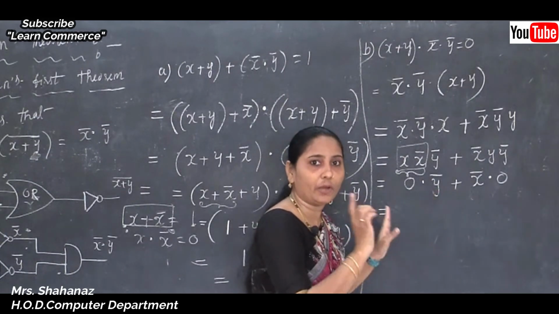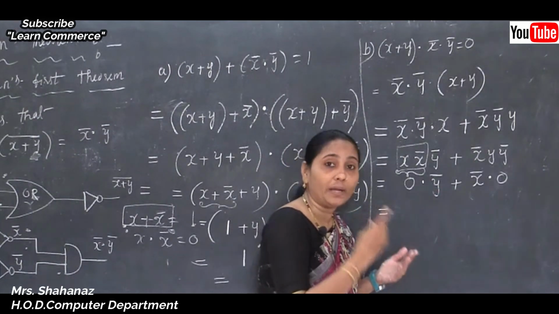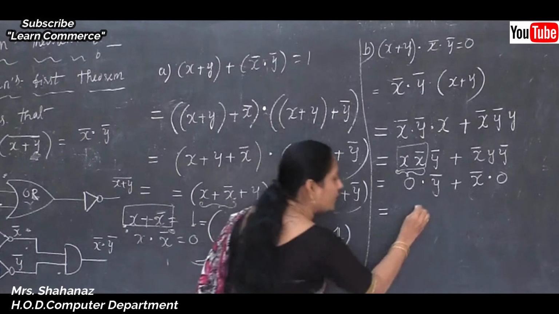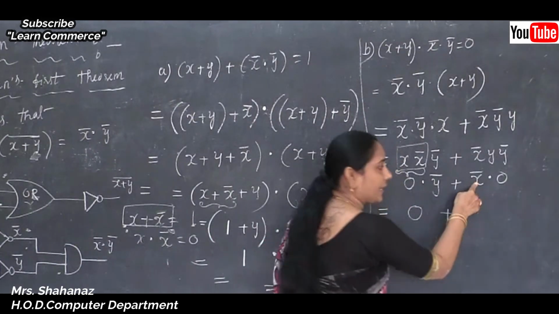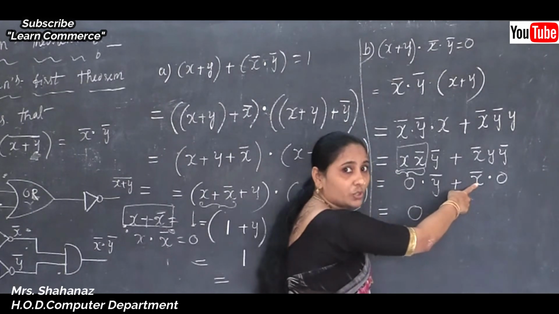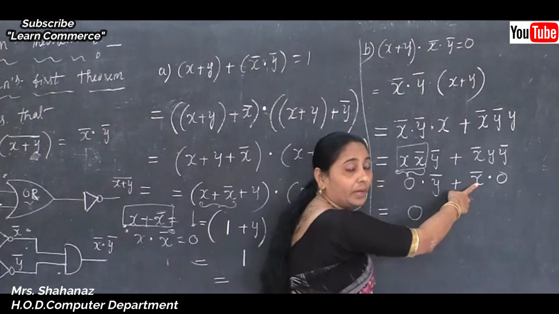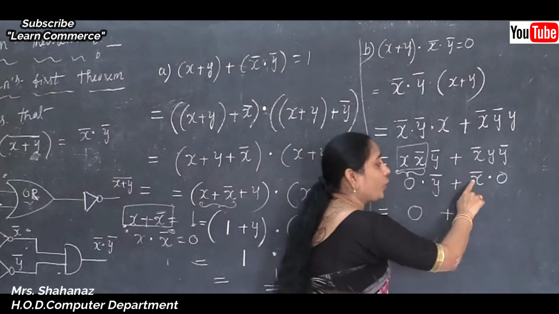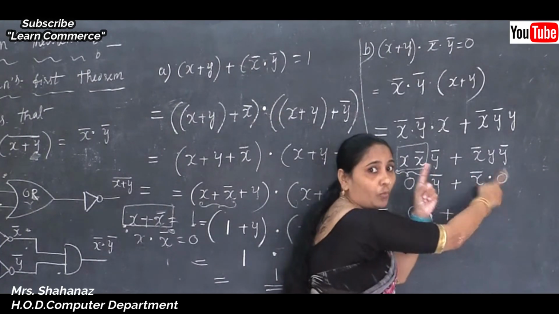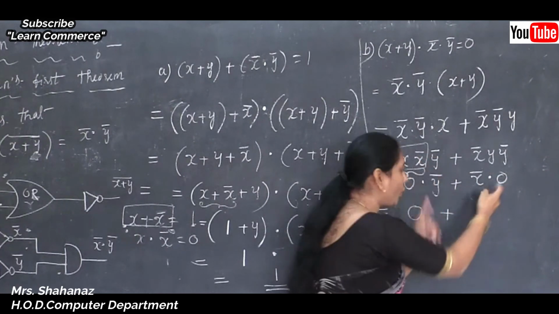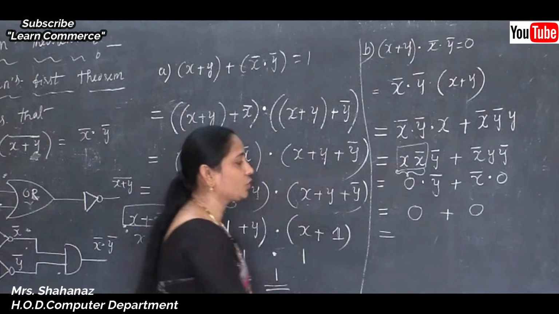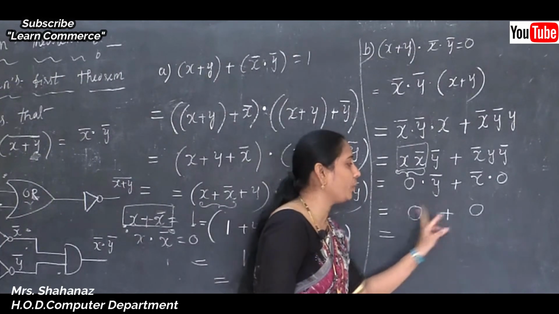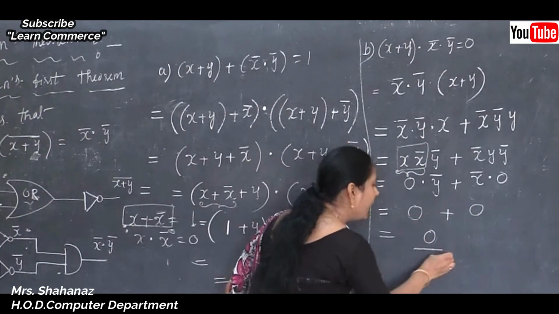There is no effect, because whenever you multiply with the value 0, the result is always 0. In case of x also, maybe the x value is 0 or 1, there is no change in the result. Multiplying 0 into 0, the result is 0; 1 into 0, the result is 0 only. So 0 plus 0, and finally when you apply the OR operation, 0 plus 0, the result is 0 only.